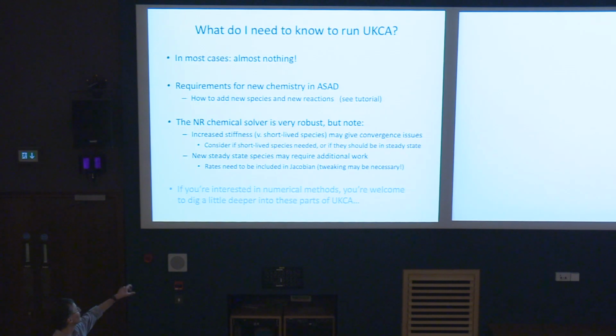The chemical solver there is really very robust, and hopefully it shouldn't fall over on you at any point. Touch wood. But if you're interested in numerical methods, this is still an area very much of scientific research. This is still one of the slowest parts of the entire model.